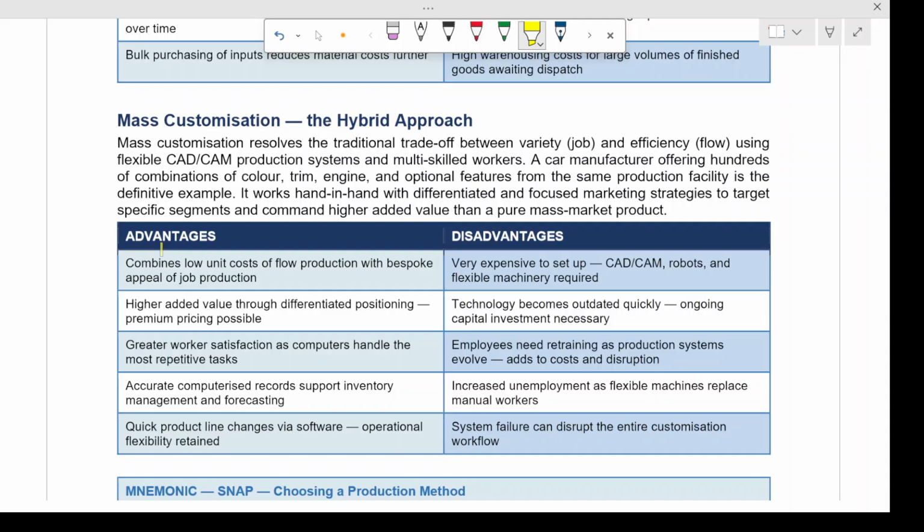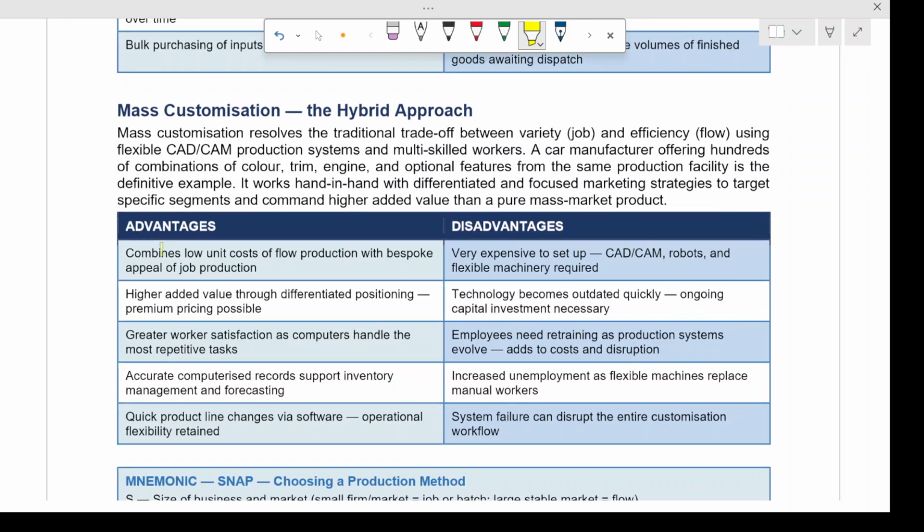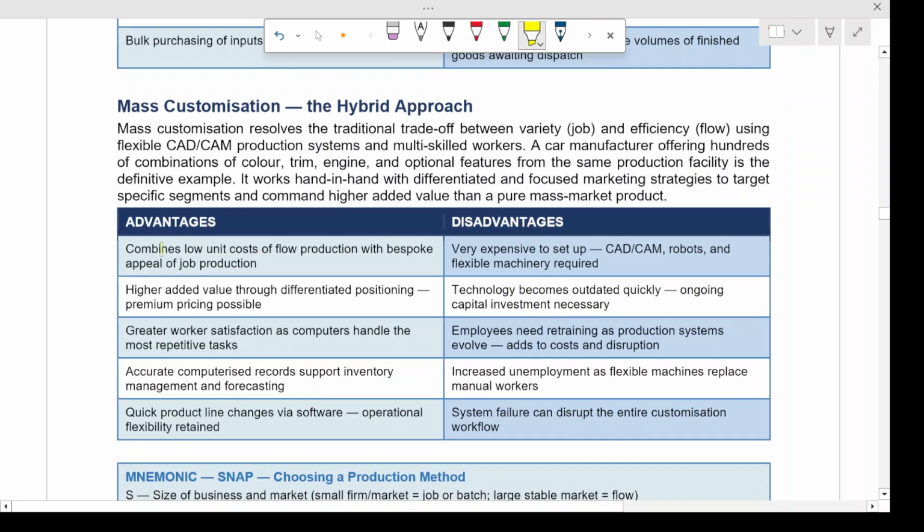For flow production, the materials would be the same, so you could achieve economies of scale and bulk discounts with the material. However, you could also add an element of customization to the car, which is found in job production. All right, this is basically mass customization. It is a hybrid approach.